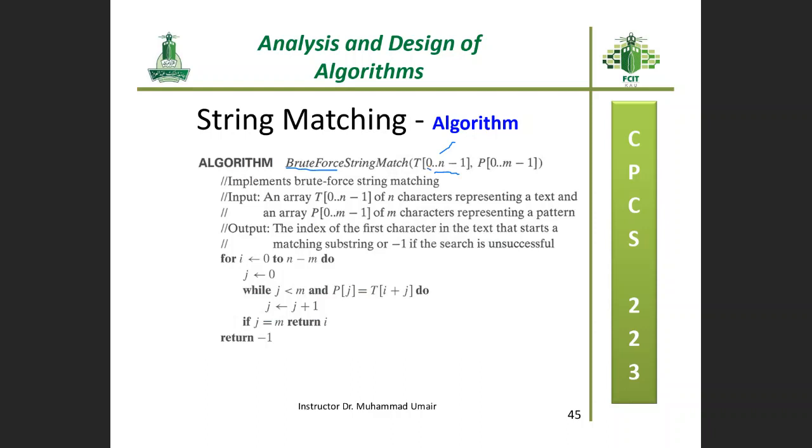Similarly, p is the pattern string whose length is m, so the index is starting from 0 to m minus 1. These two parameters will be passed to this algorithm, and this algorithm will return the starting location of the pattern in the text.